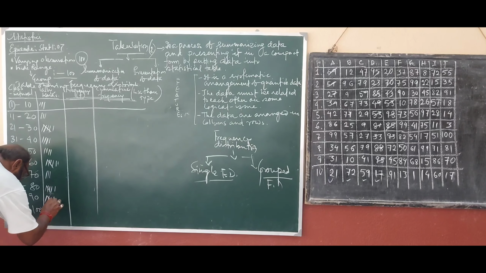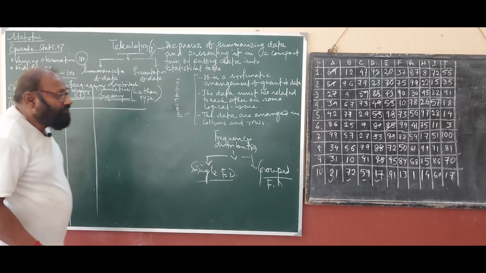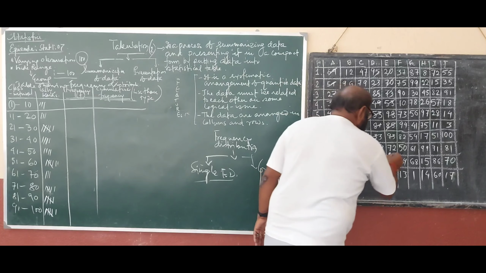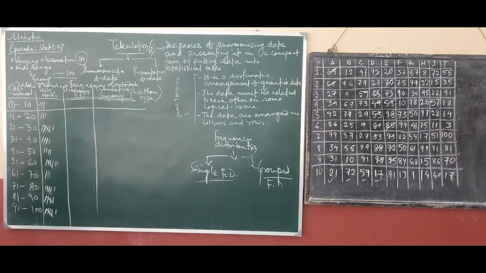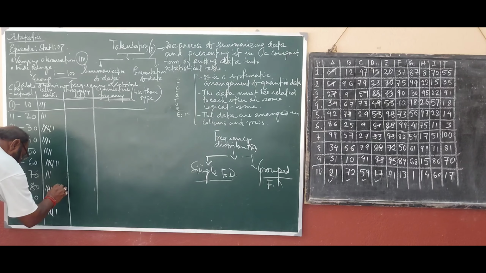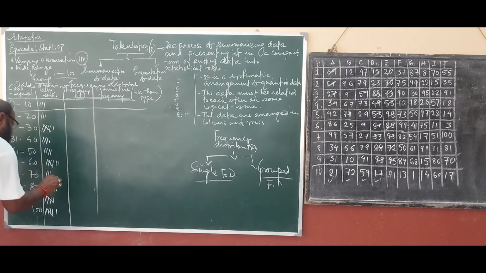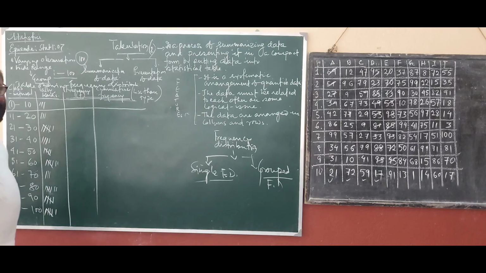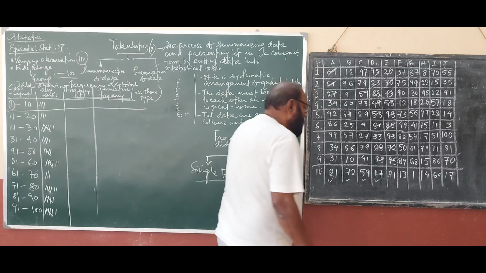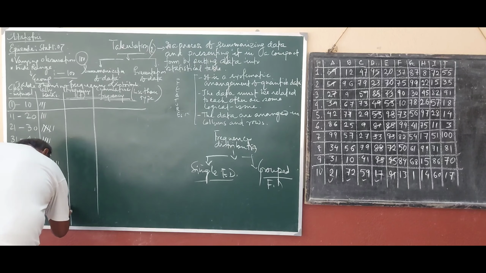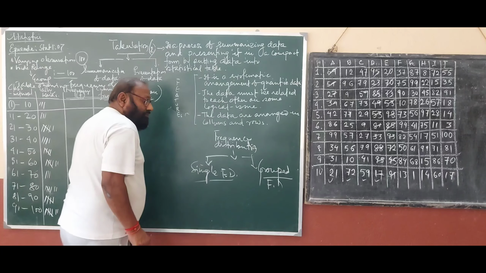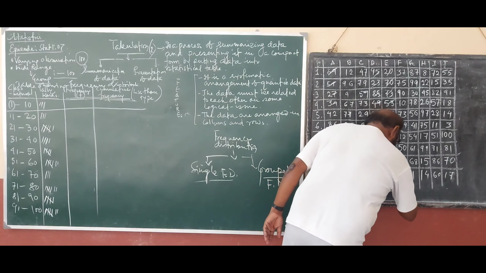Again I am making a group, 95. Then 72, 45: 72 and 45. So it is again a group. 72, 45 and it is 91. So friend, this category is gone.